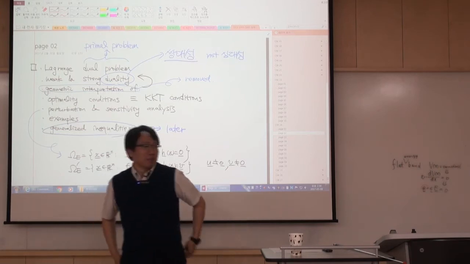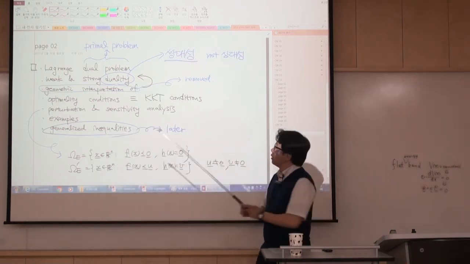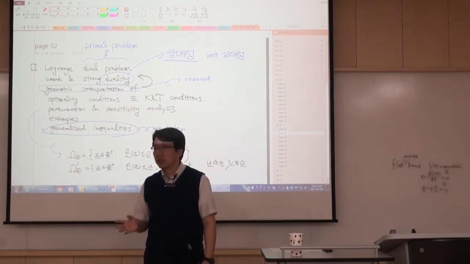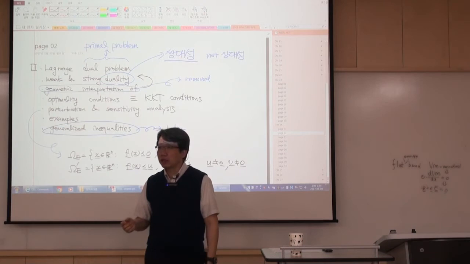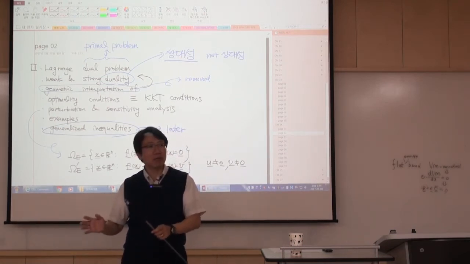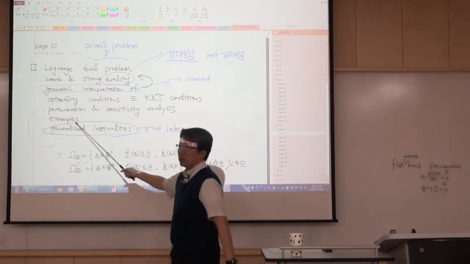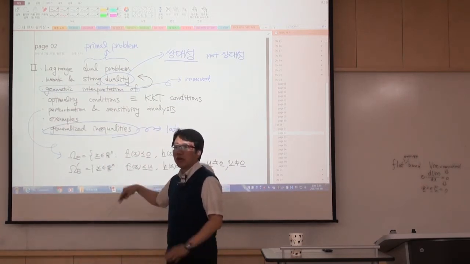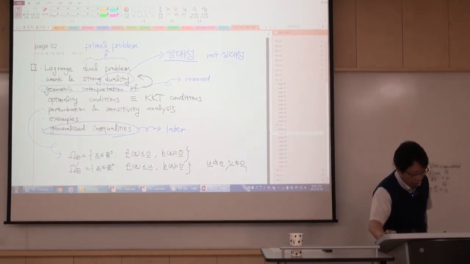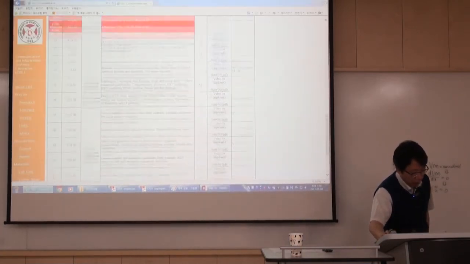Actually, the general theory, I believe, must be taught first. And you can easily see that the dual linear programming problem is really an example. Nothing but an example. That's why I changed the order a little bit.